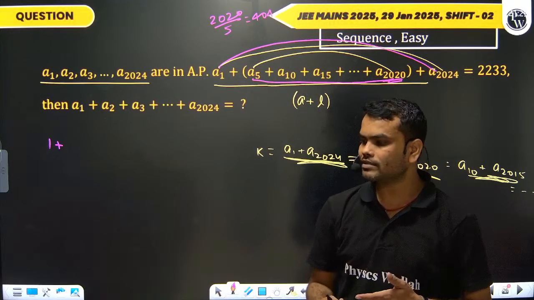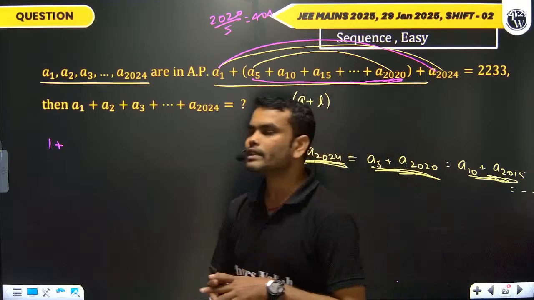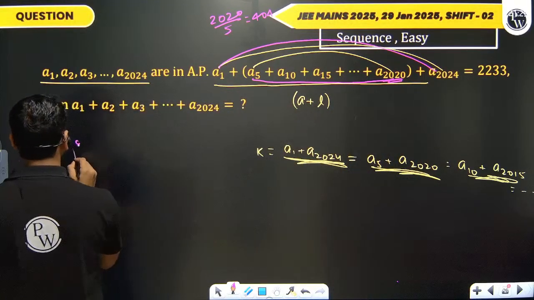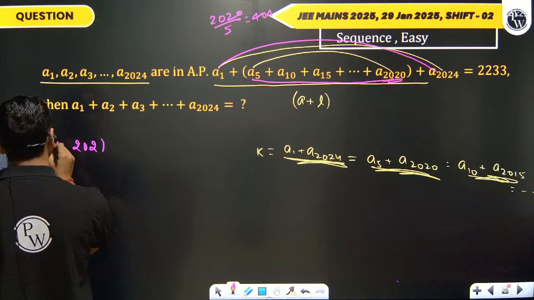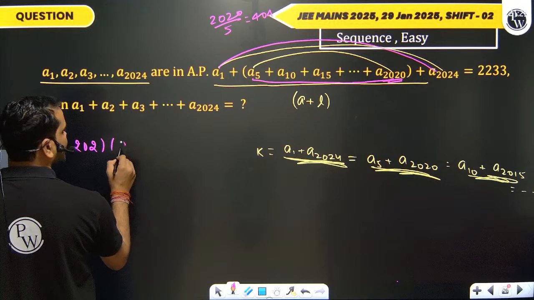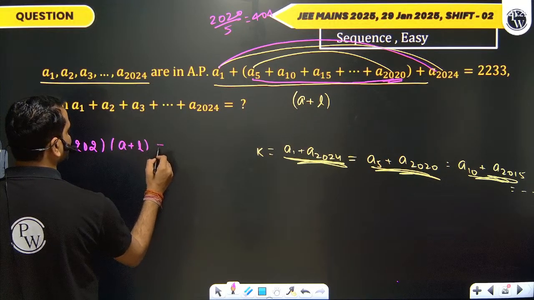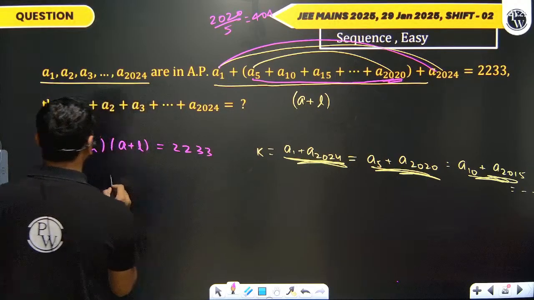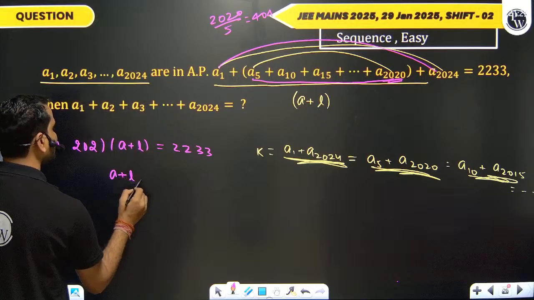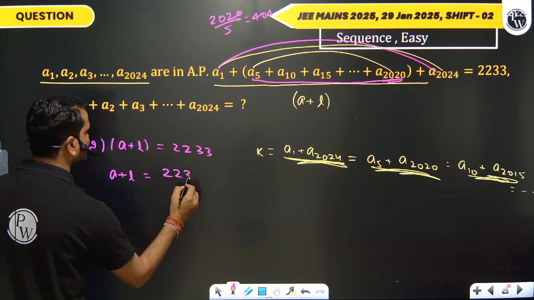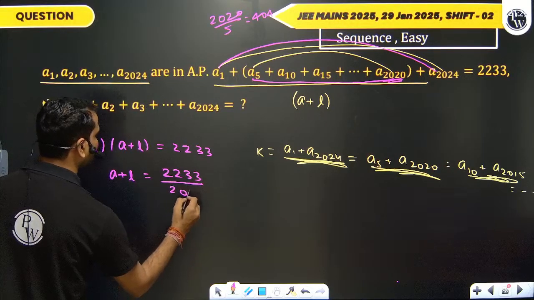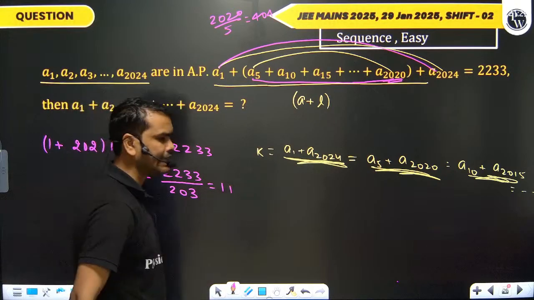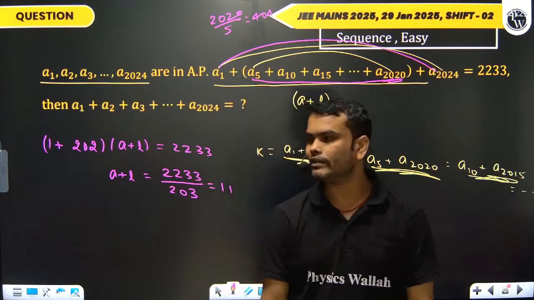So how many pairs will be there? There will be 202 pairs. So 202 times A plus L, which is your given 2233. So A plus L, first term plus last term, is going to come 2233 divided by 203, which is nothing but 11.